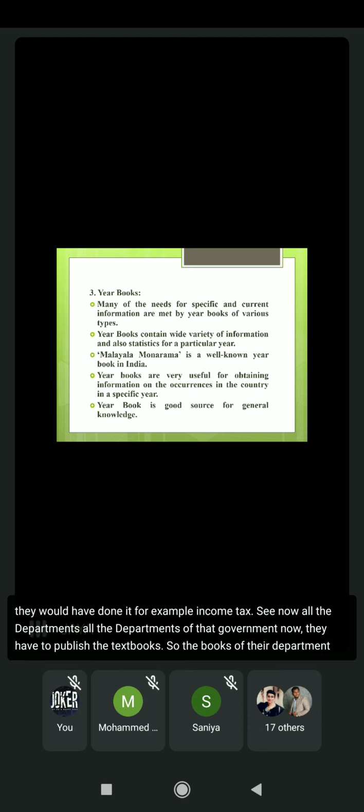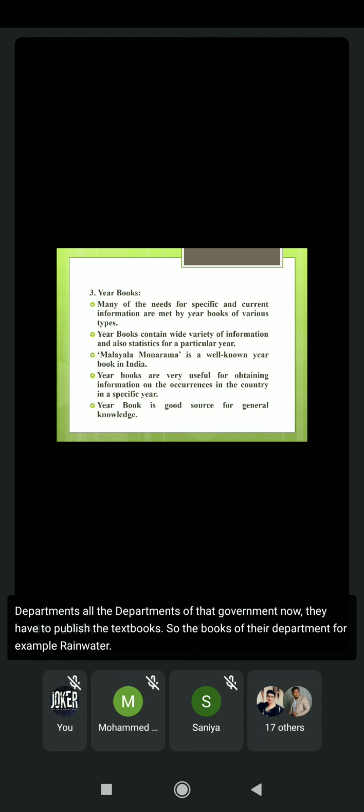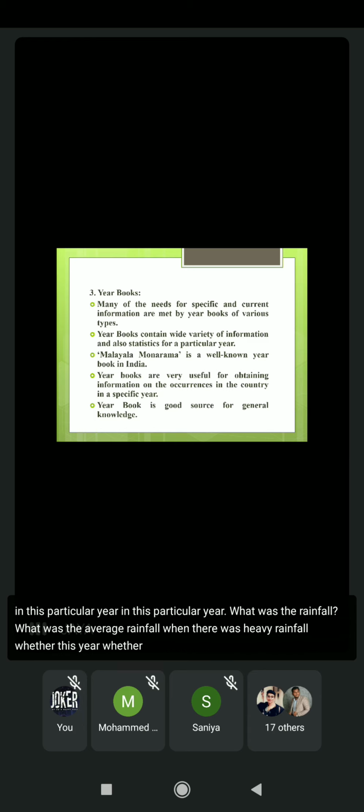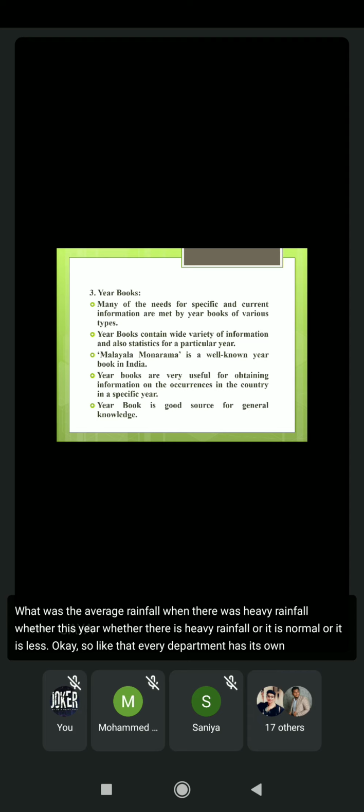For example, rainwater: in this particular year, what was the rainfall, what was the average rainfall, whether there was heavy rainfall, or it is normal or less. Like that, every department has its own yearly publication.